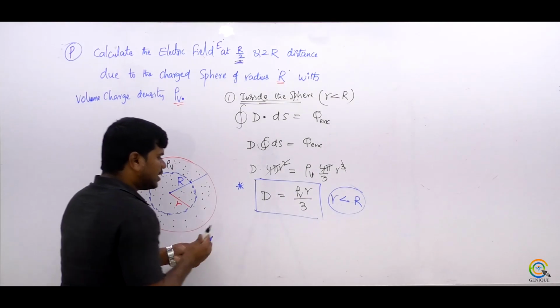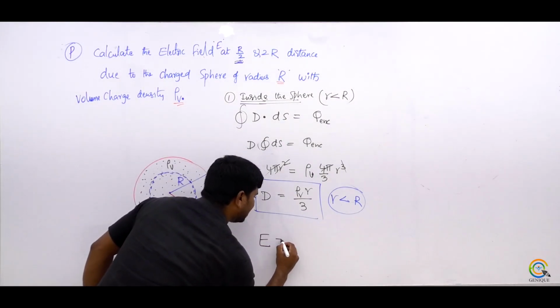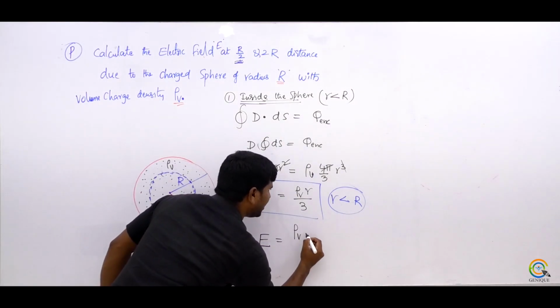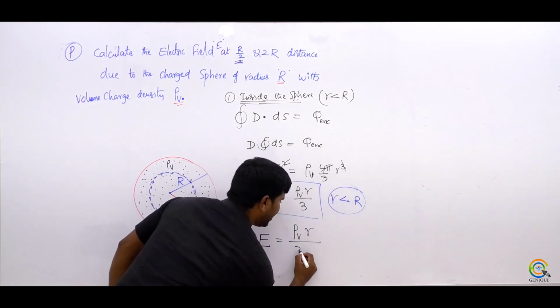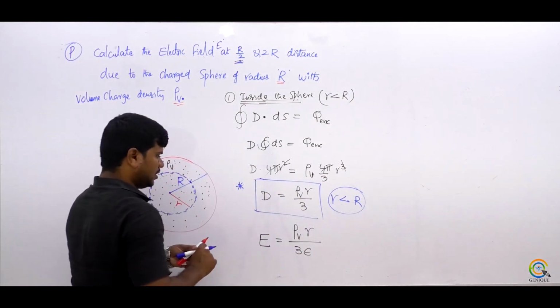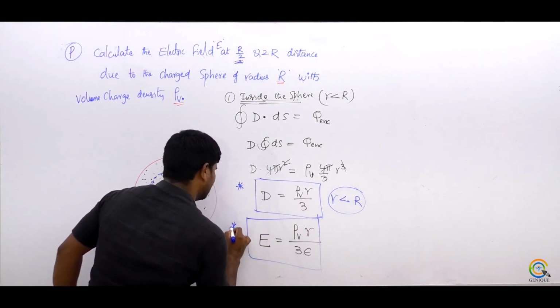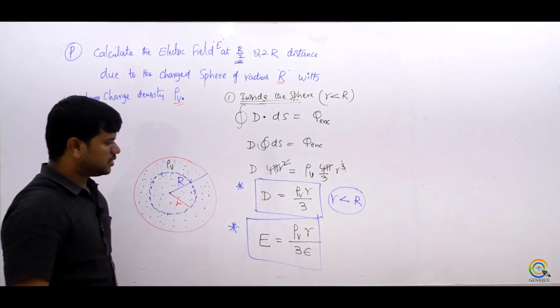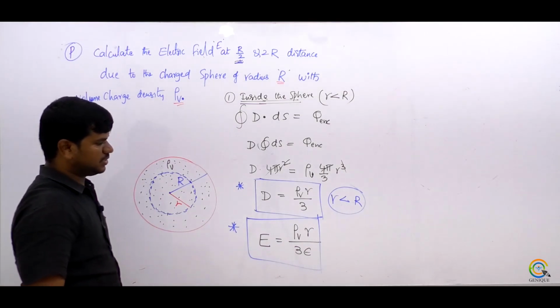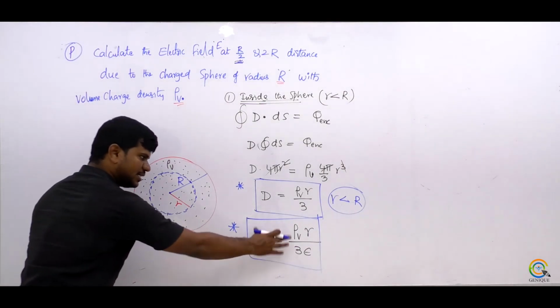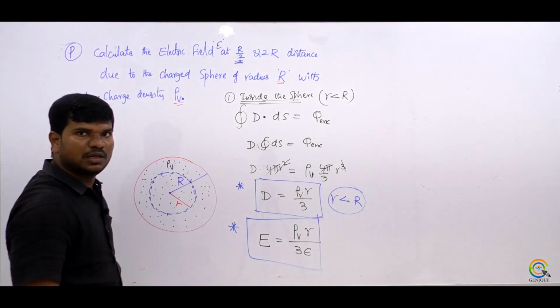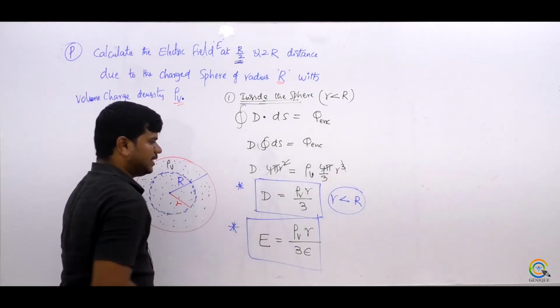So from this, the electric field intensity is equal to rho v into r divided by 3 epsilon. These two are very important relations. This is inside. Understand?